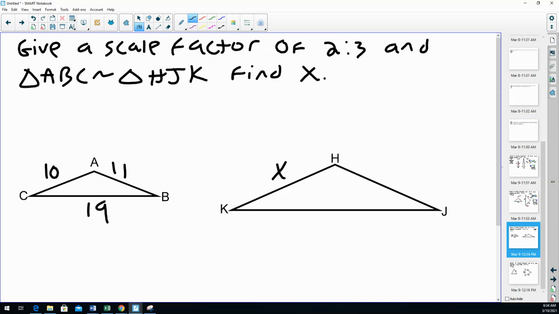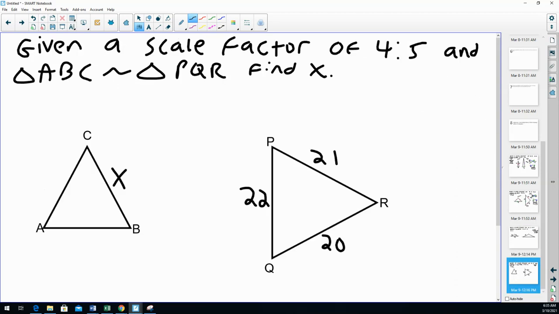You might get a decimal, you might not. I think you won't. But anyway, so there's number 2, and then that is it for today.